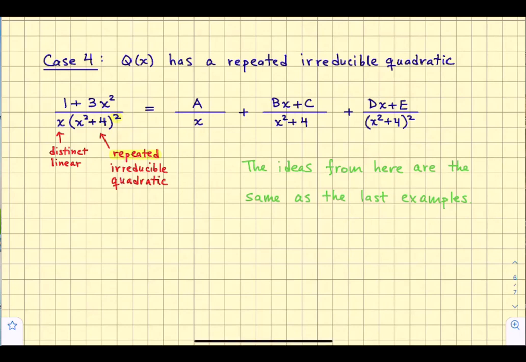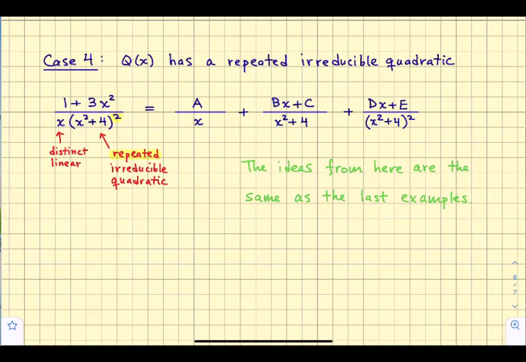So this is a repeated irreducible quadratic. What the theory says, well, we know how to handle the distinct linear. You should get that linear factor with its own constant in the numerator. When you have a repeated irreducible, it's going to be in the same theme as case 2 when we had a repeated linear. Remember what we did with our repeats. We took whatever was repeated, we counted up on our powers until we hit our multiplicity. And then the numerators, since this is an irreducible quadratic, what is the numerator?